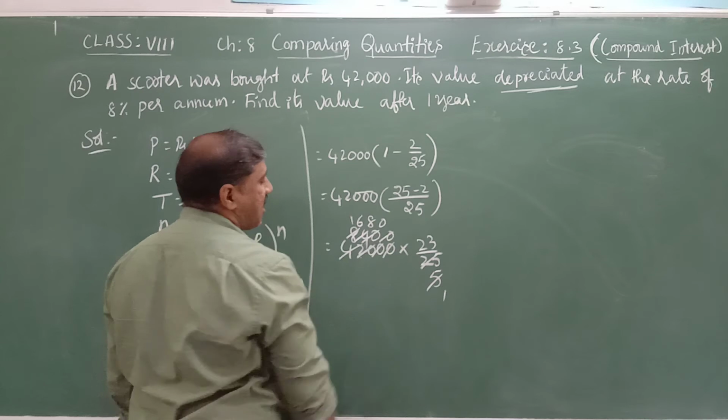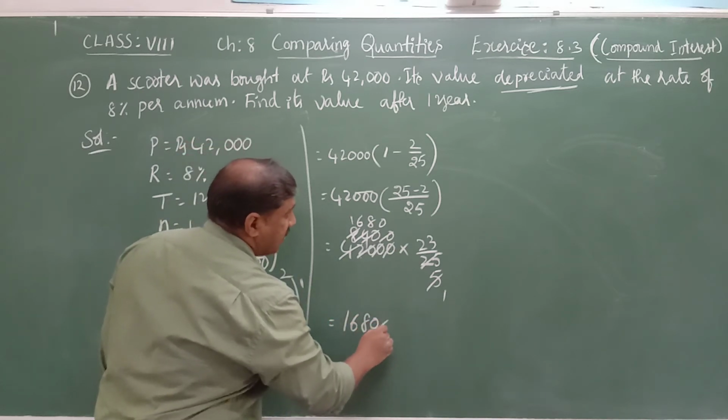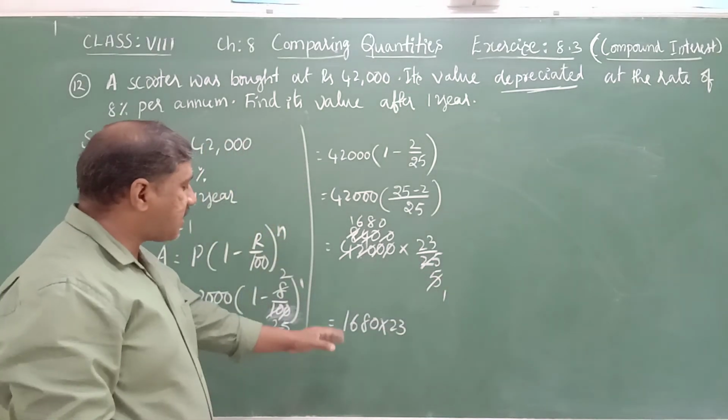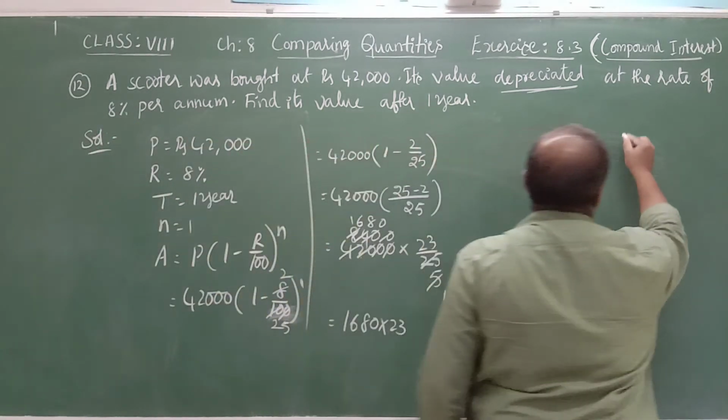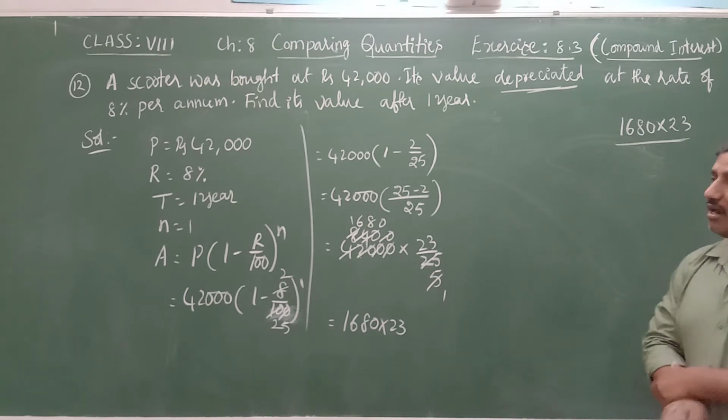Therefore, what we get is 1680 into 23. Multiply this, and the product will give you the value of the scooter after 1 year.